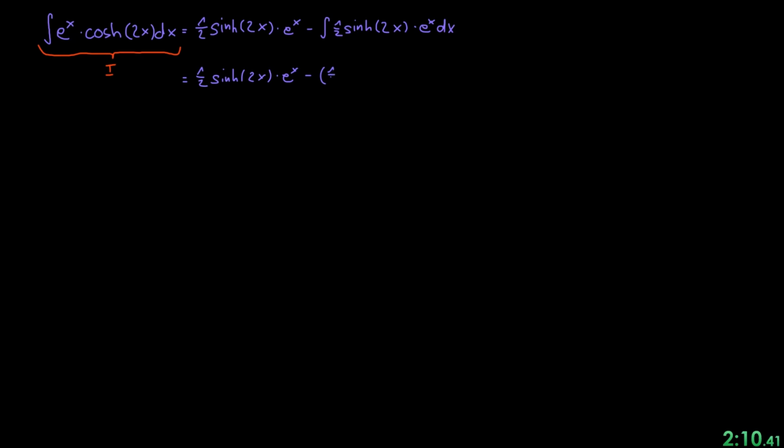So 1 over 4 times the hyperbolic cosine function of 2x times e to the x minus the integral of 1 over 4 times the hyperbolic cosine function of 2x times e to the x dx, and close the parentheses.